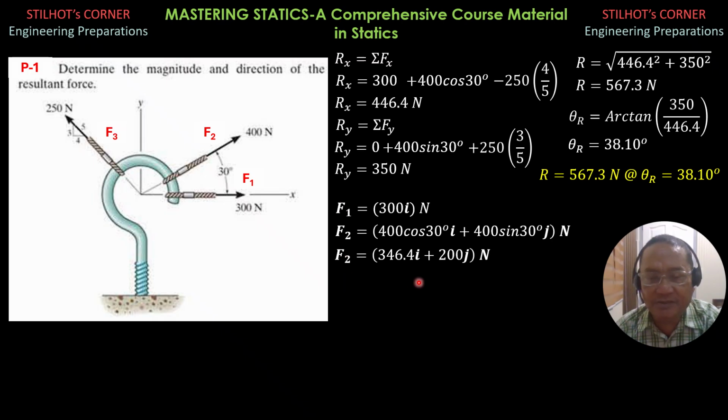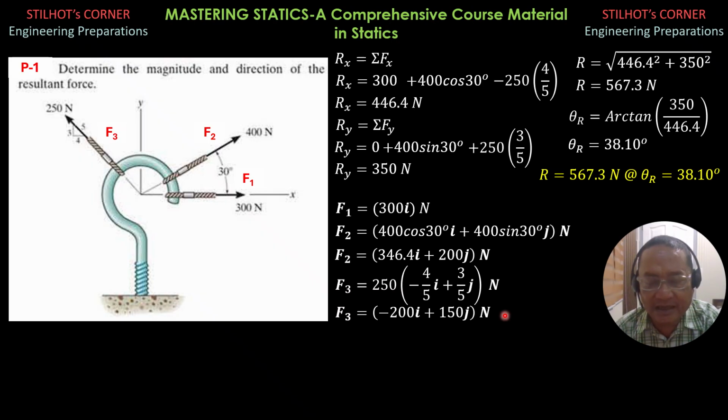So 346.4 i plus 200 j newtons. And lastly, the 250 newton force F3, its x component is negative. So 250 times quantity negative 4 over 5 i plus 3 over 5 j. Simplifying, that's negative 200 i plus 150 j.